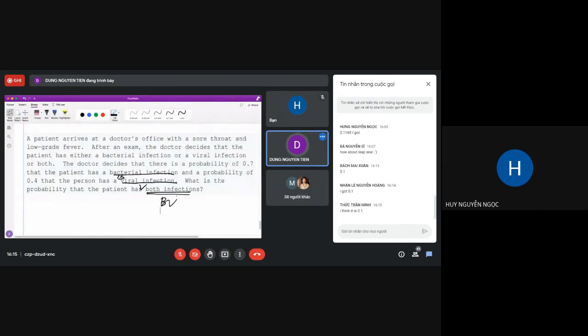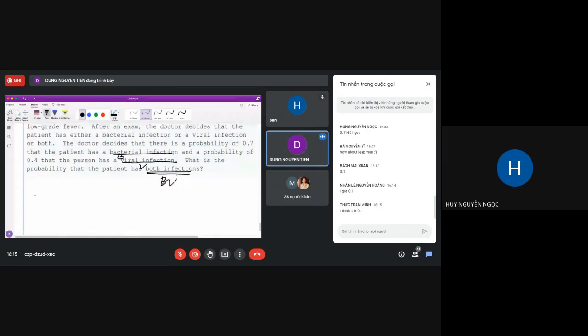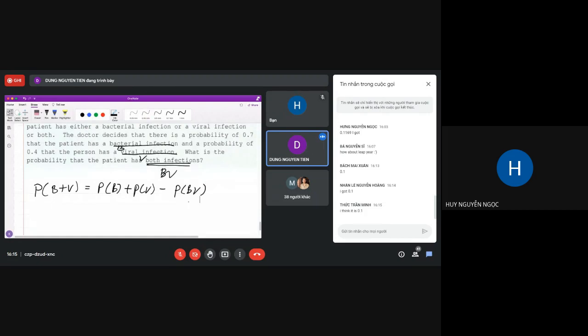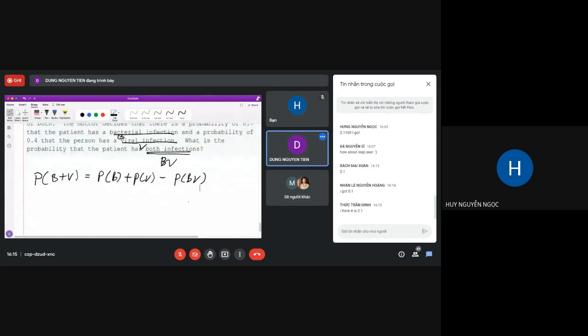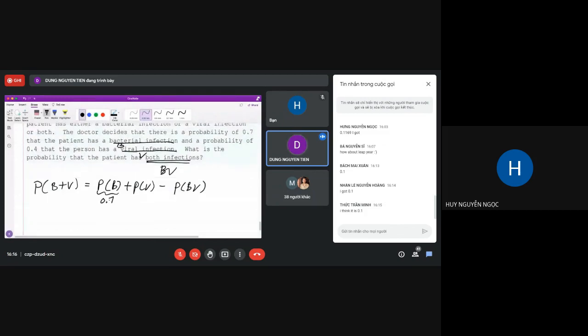And then you can use the addition rule to get the probability of B plus V equals the probability of B plus the probability of V minus the probability of BV. This is 0.7, right? This is 0.4, and this probability is what you are looking for.